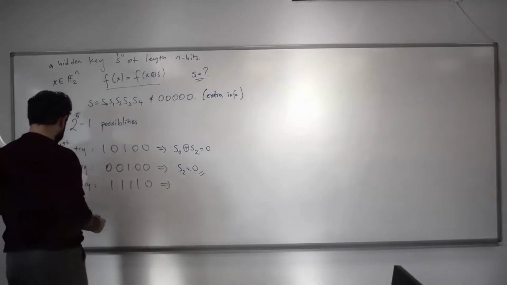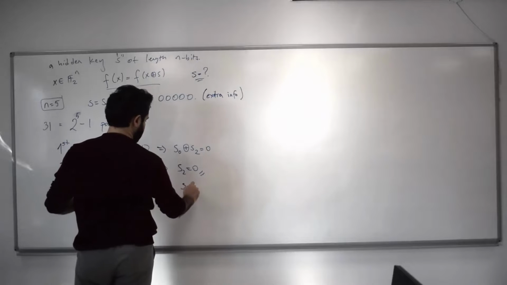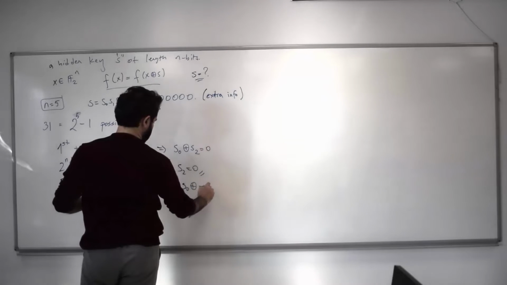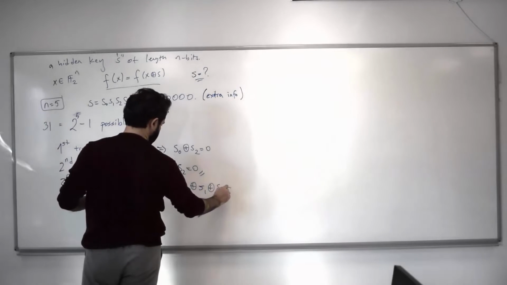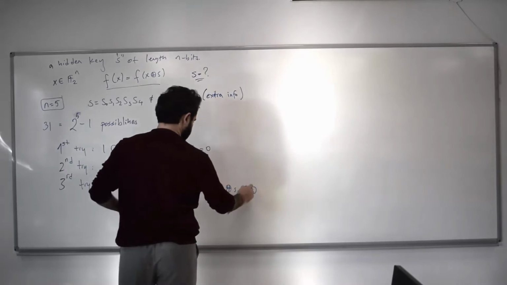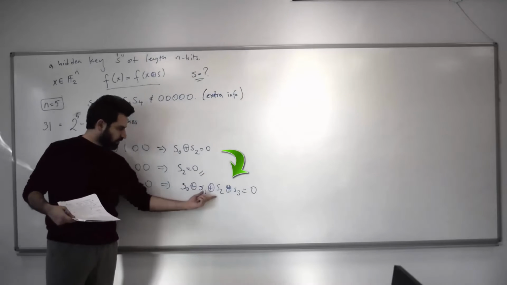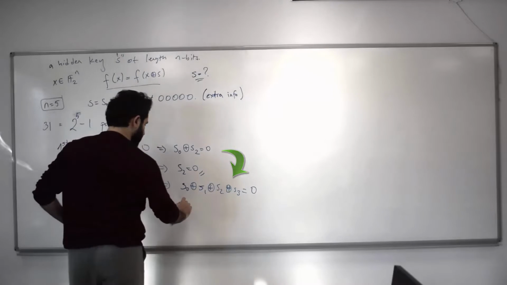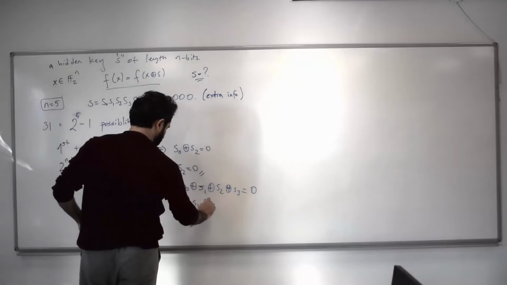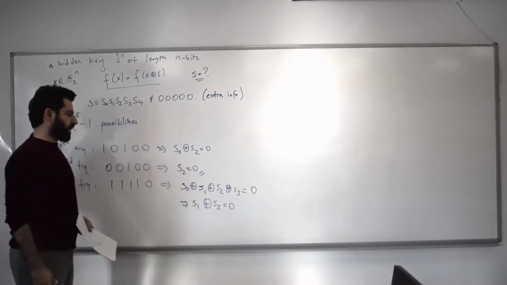That gives us the following equality: S0 XOR S1 XOR S2 XOR S3 equals 0. But we know that S0 and S2 are 0, so this implies that S1 XOR S3 is 0.